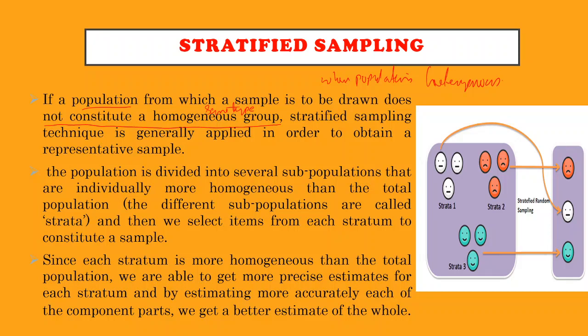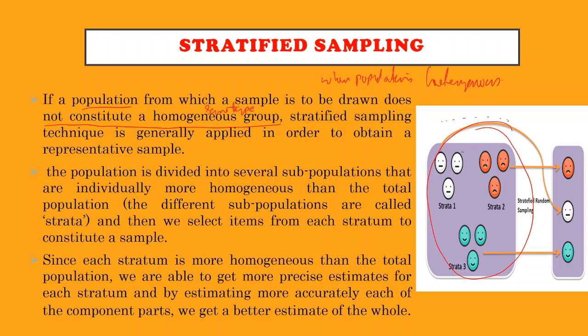So in such a situation, what will we do? We will divide this population into different subpopulations. Suppose we consider this as one population; from this population there are different items, they are not similar ones. Then what will we do?